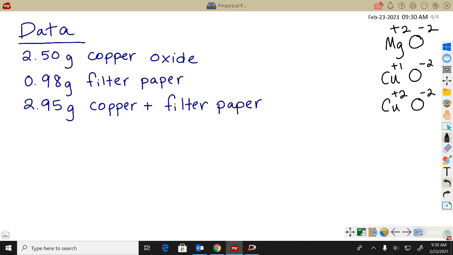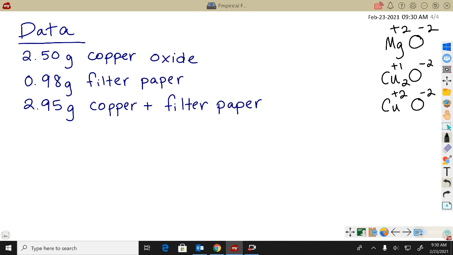And so with it being copper +1, I would have to balance that or crisscross the charges, and it would have been Cu2O, so that I had a +2 and a -2. If the copper is +2, then it's neutral, just like magnesium oxide, +2, -2.